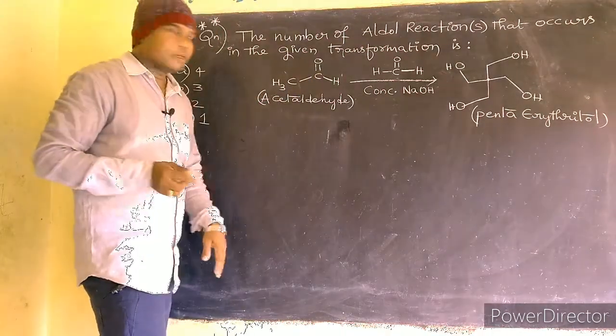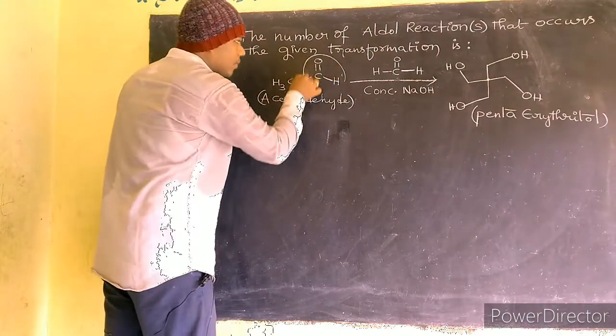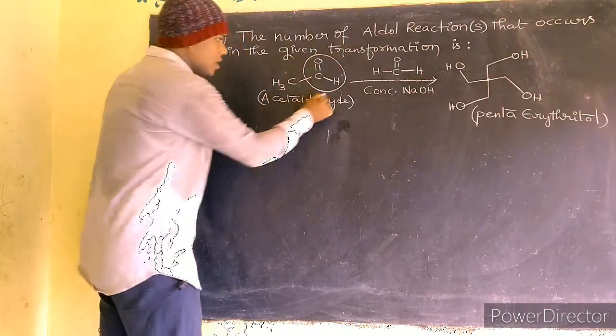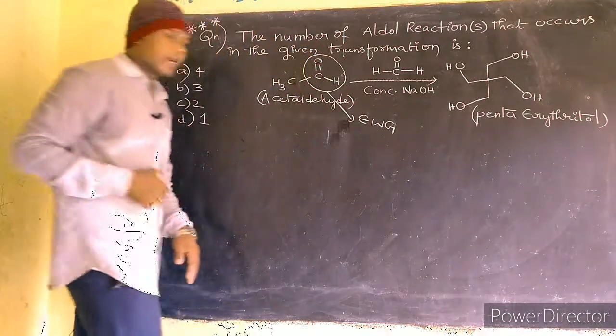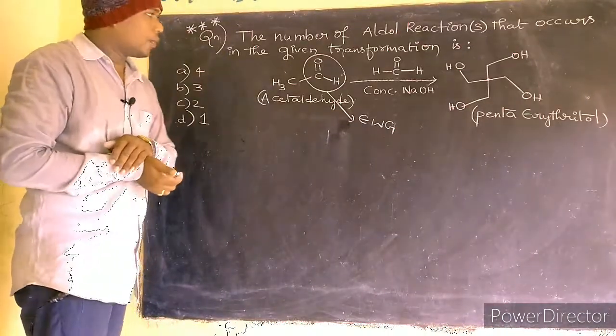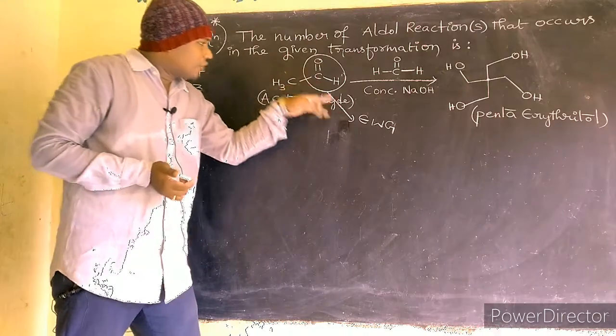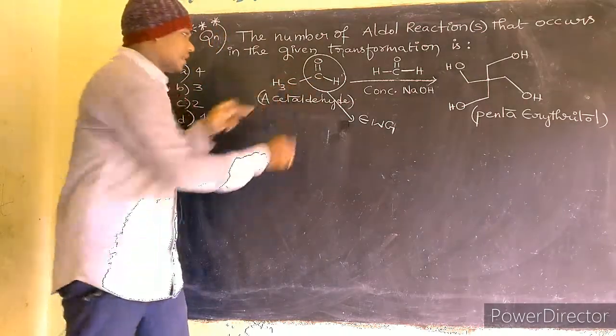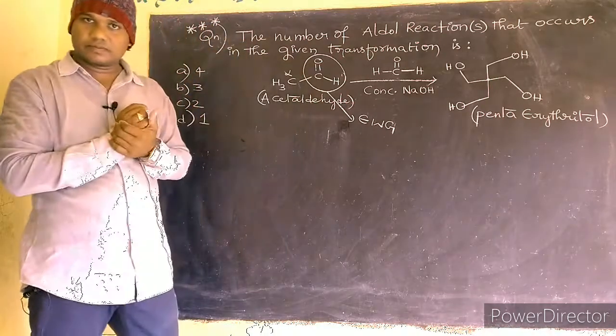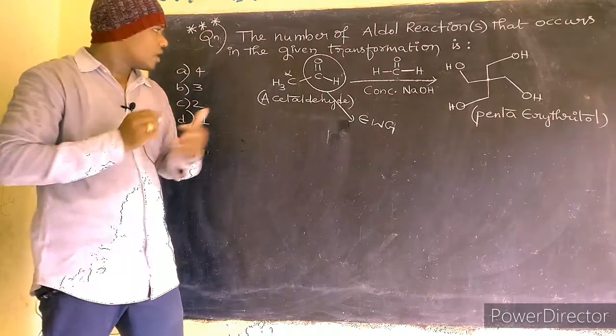In this reaction, we know that this is an aldehyde group, correct? So this is an electron withdrawing group. For this electron withdrawing group, the adjacent carbon is the alpha carbon, okay?